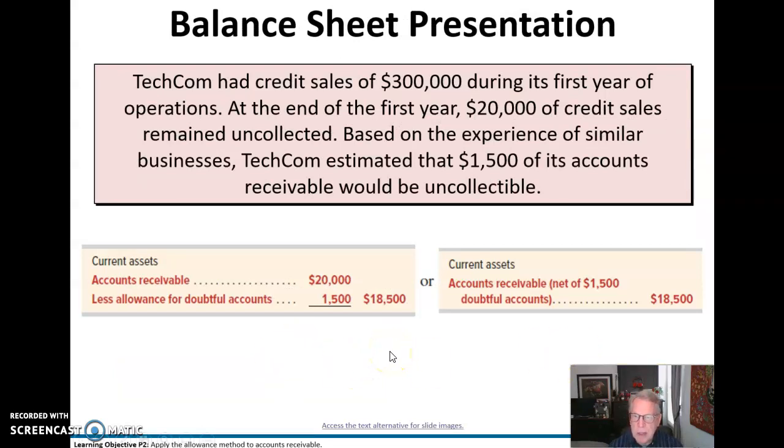Okay, the balance sheet presentation of that is interesting because the allowance for doubtful accounts is a contra asset account. Now, TechCom had this $20,000 of accounts receivable.